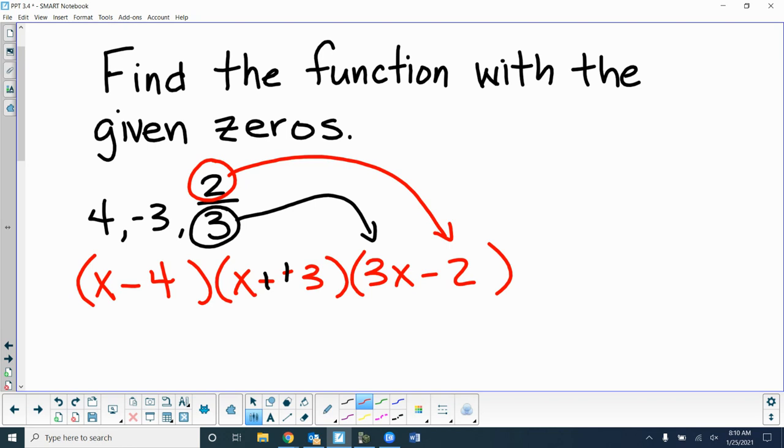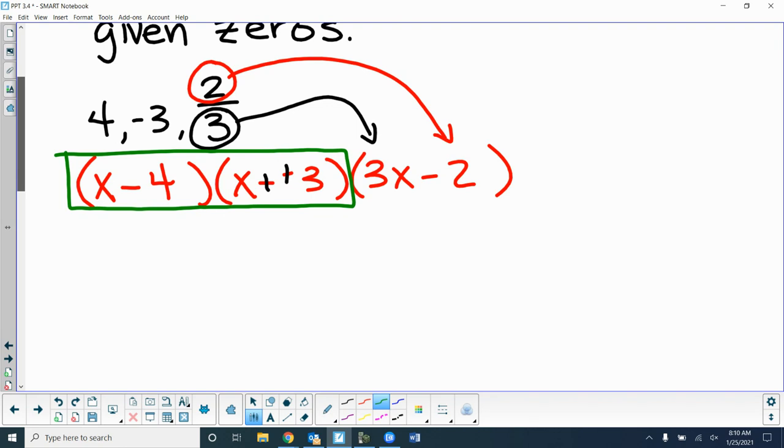And then what do I do to get the polynomial? If there's nothing between these parentheses, what am I supposed to do with each one of those binomials? Multiply, right? You can only multiply 2 at a time, right? So just do the first 2. And we call it foiling, right?